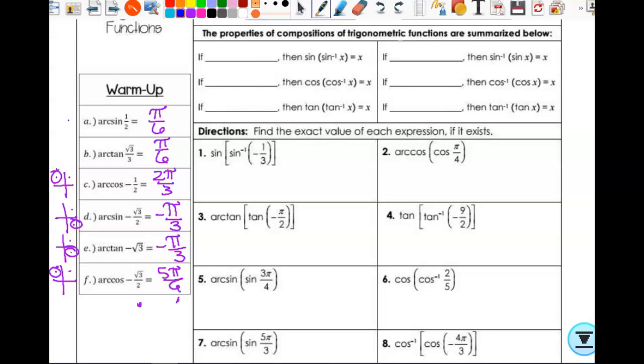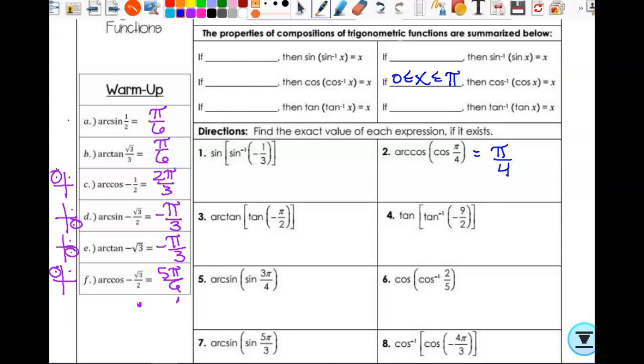Sorry, my brain was somewhere else. So this means that only if x is between 0 and pi, right? And it is. The arc cosine of the cosine of pi fourths is just going to be pi fourths because it fits within 0 to pi, okay?